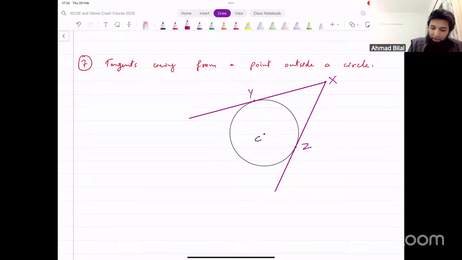Number one, XY, this tangent, and the other tangent XZ, they are equal to each other. Okay? That's the main property. But they also follow a number of other things from this. And what are those other things?